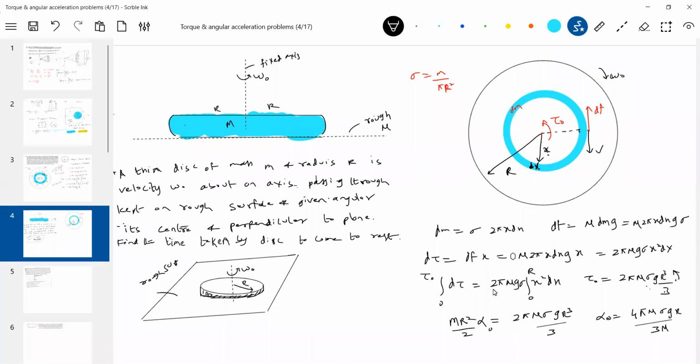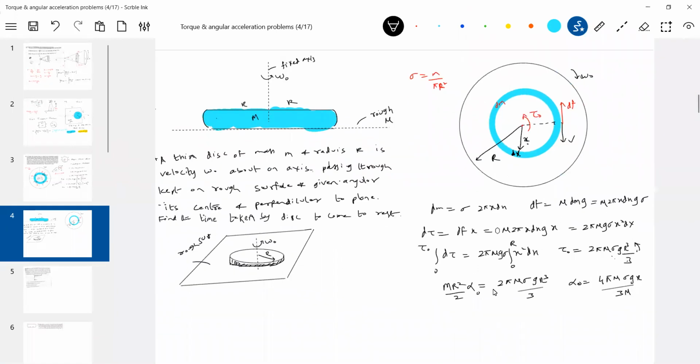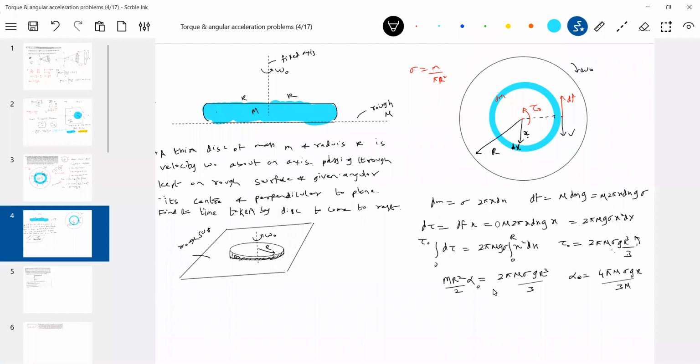So 4 pi mu times m by pi R square, g R by 3m. What is the final answer? Pi will also get cancelled: alpha naught equals 4 mu g by 3R.